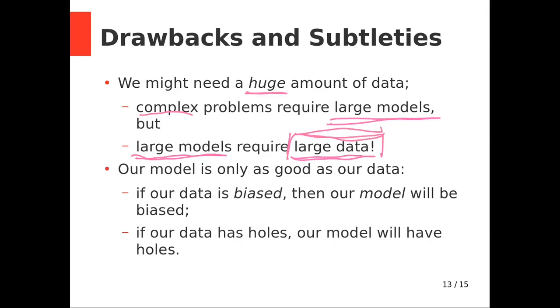Oops. Right? So yeah, our model is only going to be as good as our data is. If our data is biased, then our model is going to be biased. If our data has holes, then our model is going to have holes. And by holes, I mean sort of unanticipated behaviors, right?